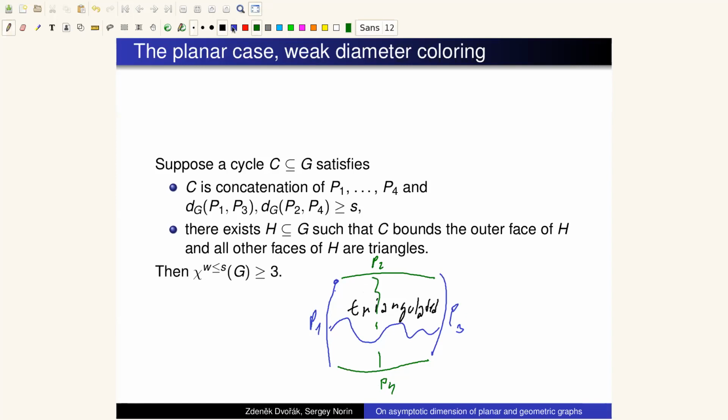And so you will always get a monochromatic component which has large weak diameter, because we assume that the left part and the right part are far apart. So this is a reason why you might not be able to get a coloring by 2 colors.